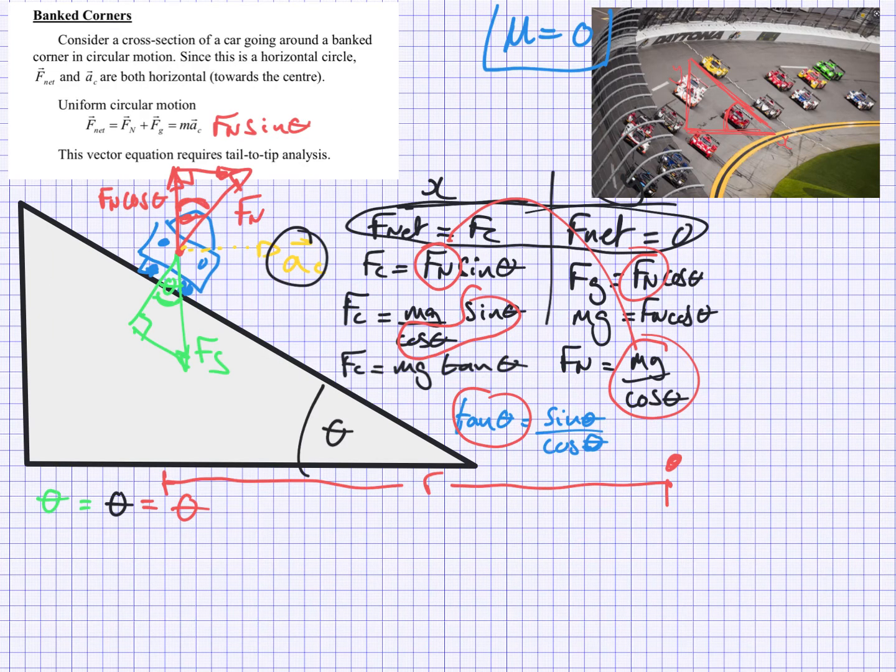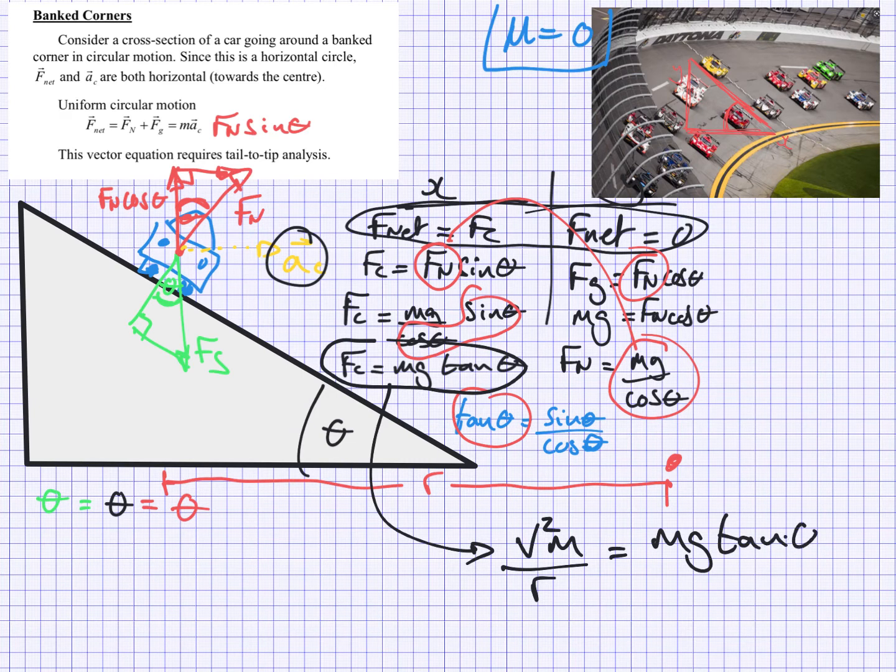And so now we can make our final statement about the speed going around here using this condition, because of course I can say that v squared m over r is equal to mg tan theta.